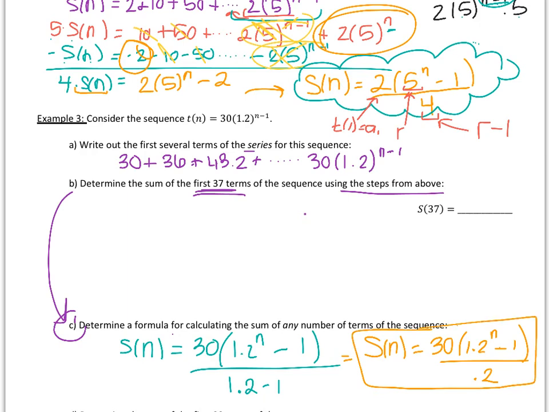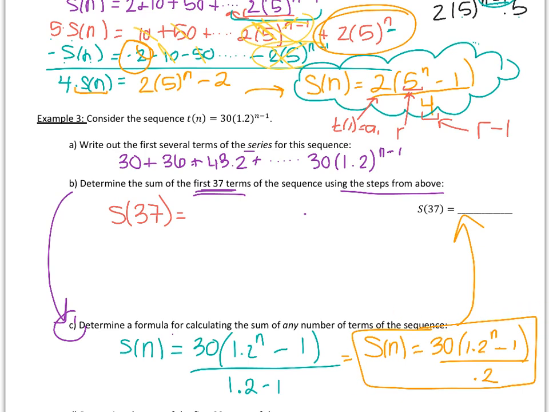So now that we have this, we can go up and answer S of 37. Let's do that together. So S of 37 is going to be 30. Again, we're just following this. You do not have to memorize how we came up with this. You'll have access to it.